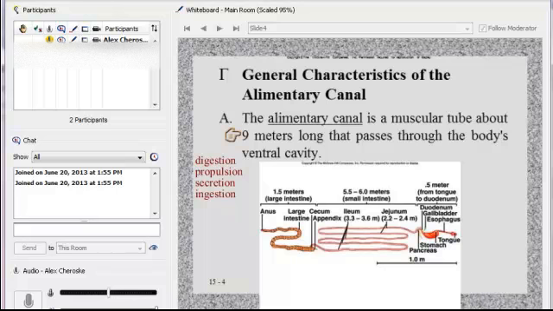Okay, so it's about 9 meters long or so. The longest section of it, as you can see, and as you might imagine, is going to be the small intestine. Now, it's funny, a lot of people focus, in terms of the digestive system, on the stomach, right? So, oh, my stomach is growling, my stomach is full, and his stomach is so big, and all this type of thing, right?